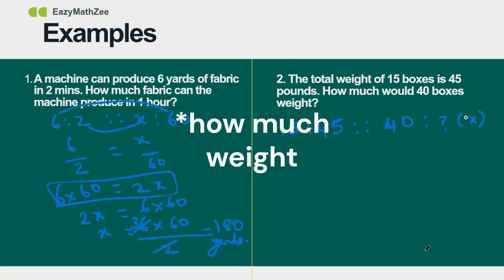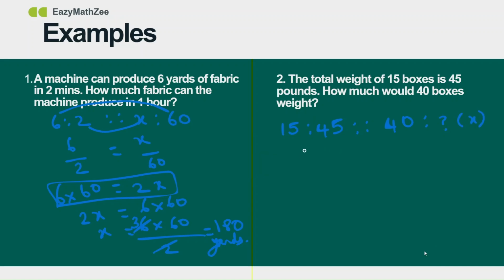We will keep that as x. So if we multiply means and extremes, both should be equal. That means 15x is equal to 45 into 40. Correct? 45 into 40 is the means, 15 into x is the extremes.